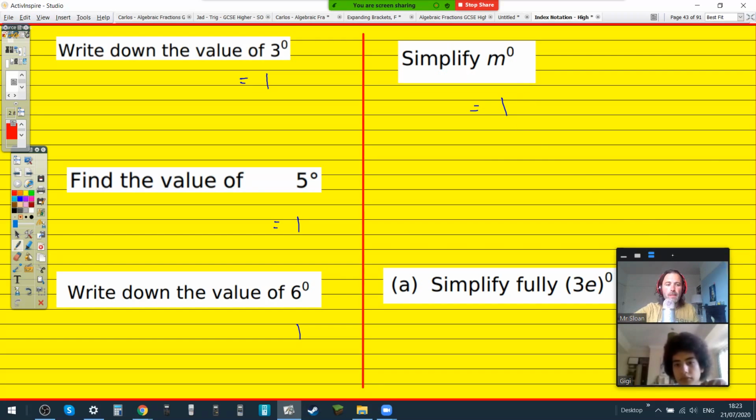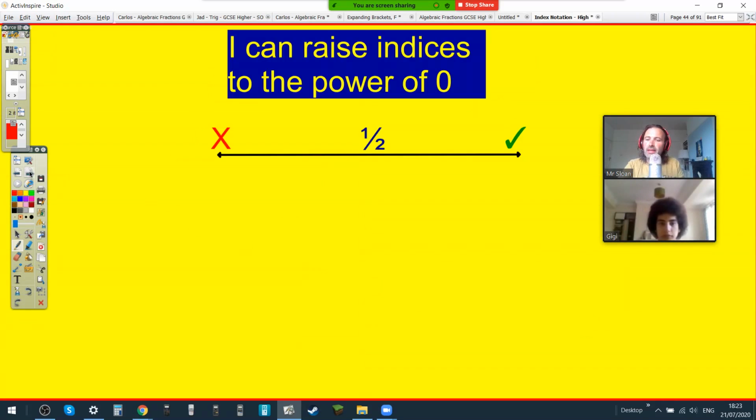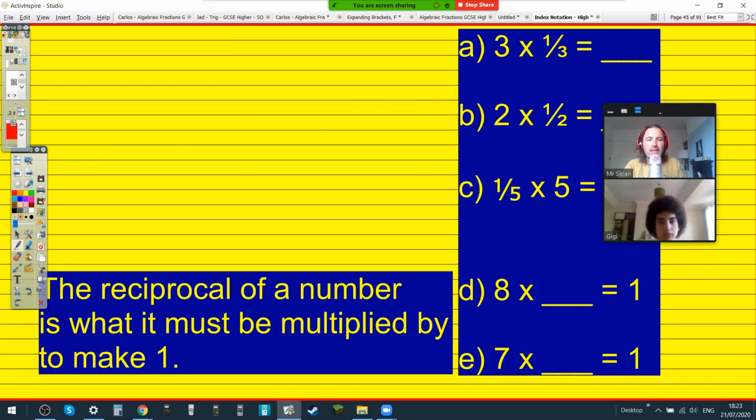Mm-hmm. So also 1. Anything to the power of 0 is 1. Yep. Power of 0? 6. Yeah. You'll probably make a mistake, but everyone does, but we'll see.